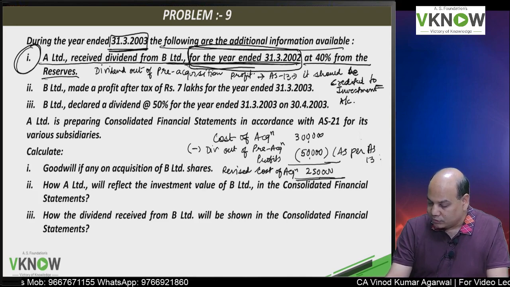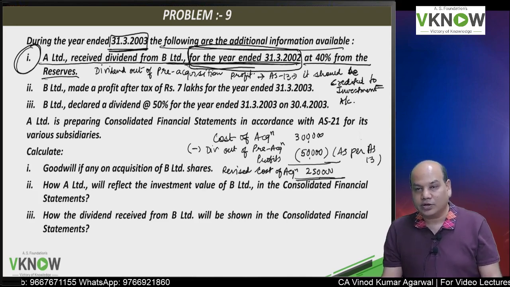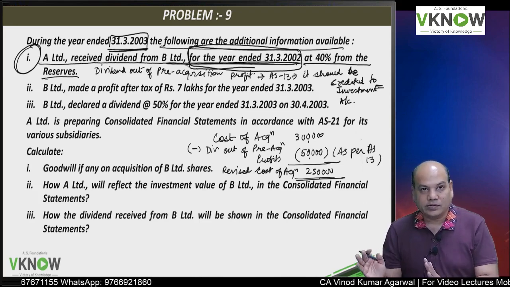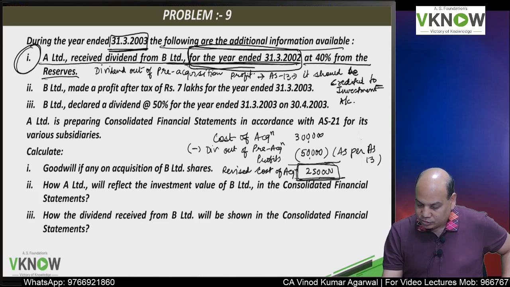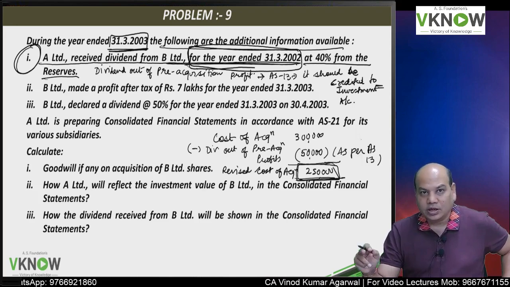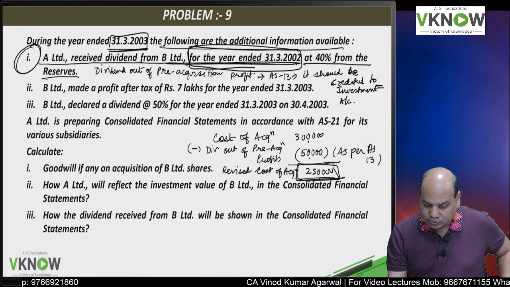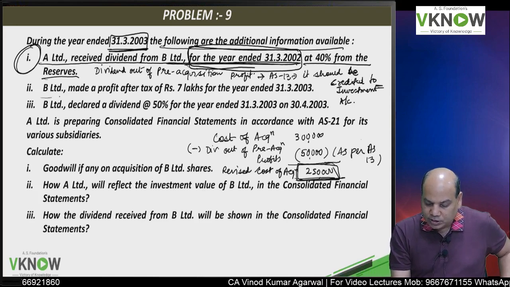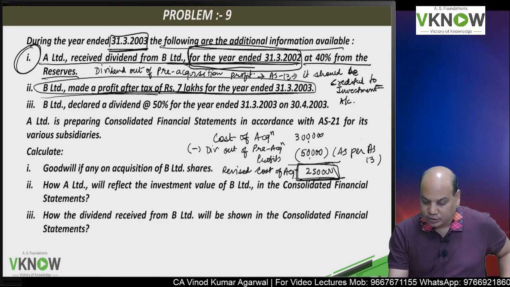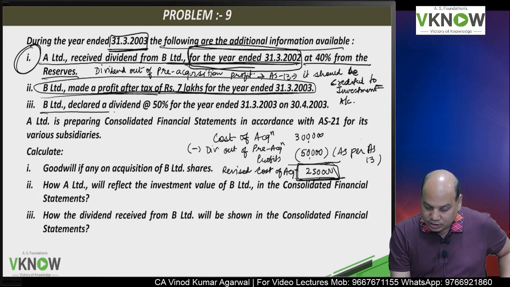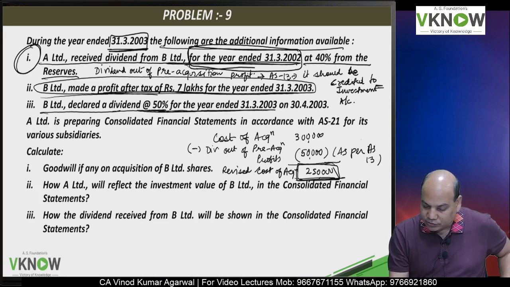This is adjustment as per accounting standard 13. This is not as per AS 23. First adjustment is as per AS 13. So I will first revise it to 2,50,000 and then I will apply further calculations. Now it says B Limited made a profit after tax of 7 lakh for this year. Add share in profit. B Limited declared a dividend at the rate 50% for the year ended 31st March 2003.